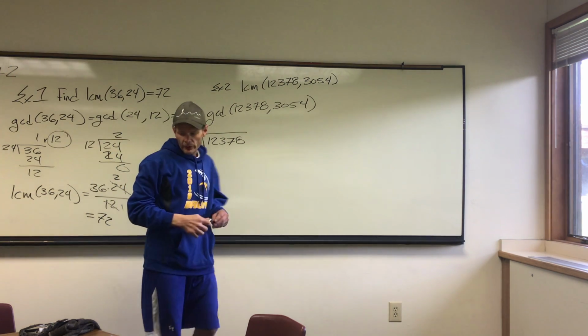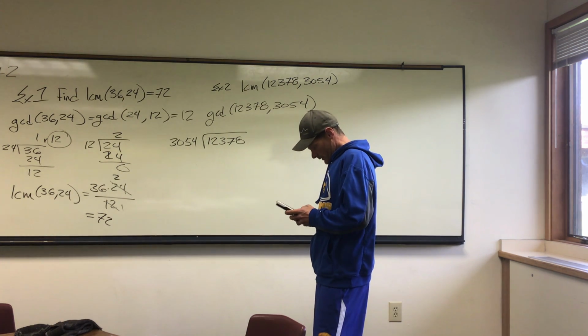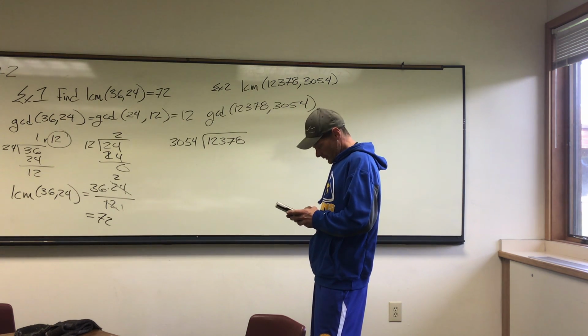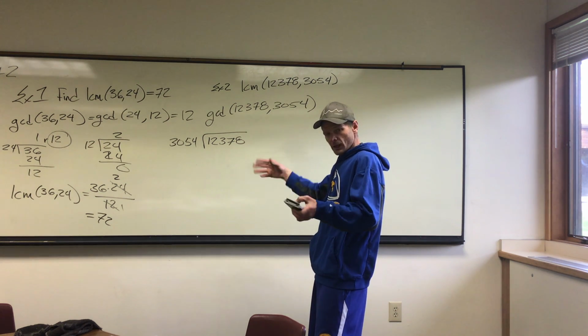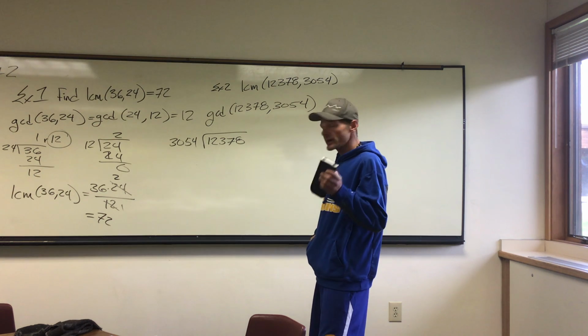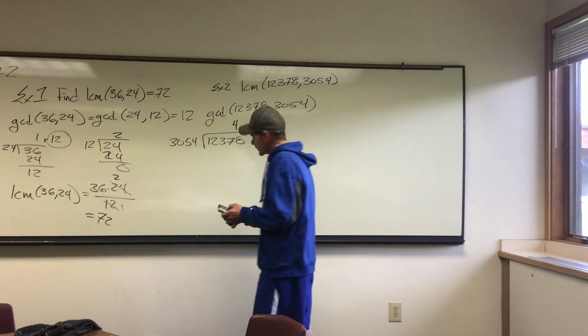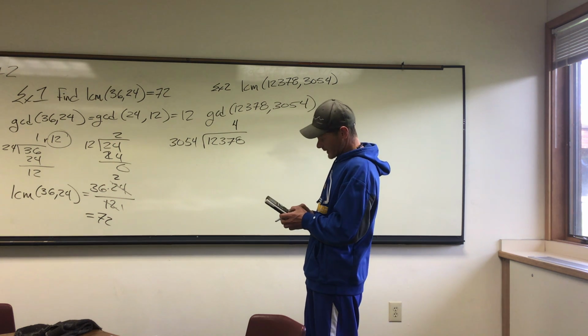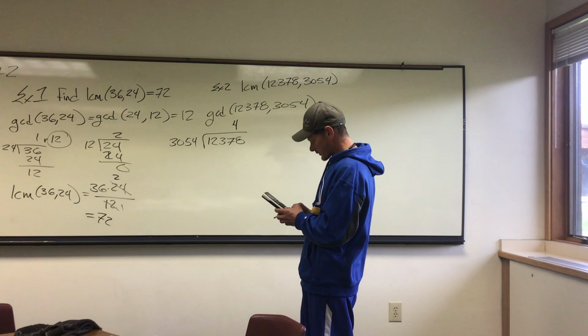3054, and I'm going to my calculator, and 12,378 divided by 3054, and I get 4.053 blah blah blah. So I know it goes in 4 times, and there's a little left over. So I'm going to take 12,378 on my computer here, and I am going to subtract 3054 times 4, right?